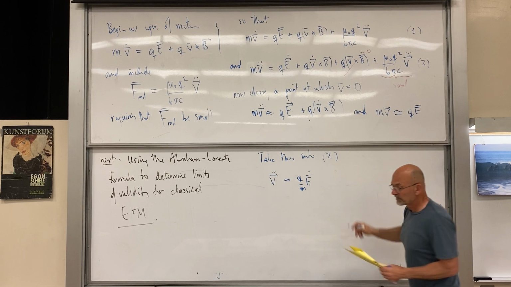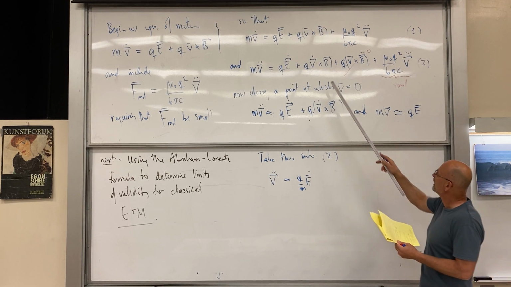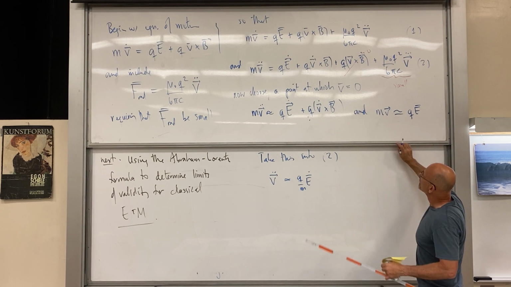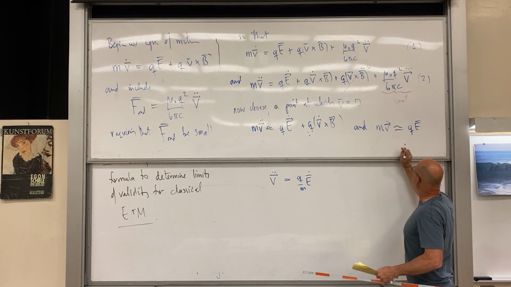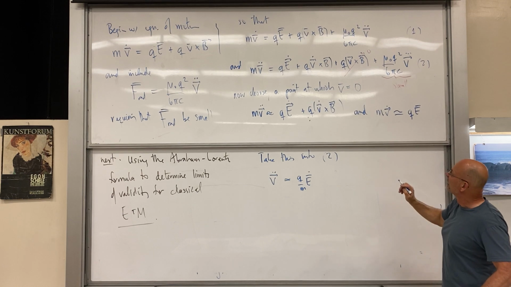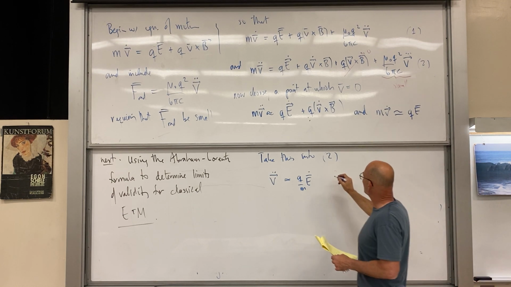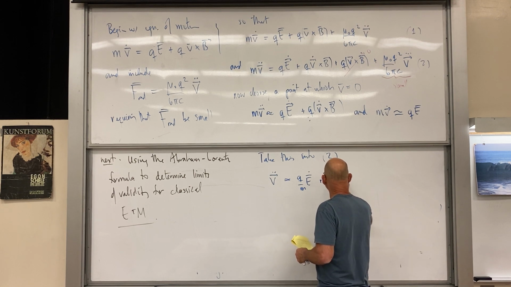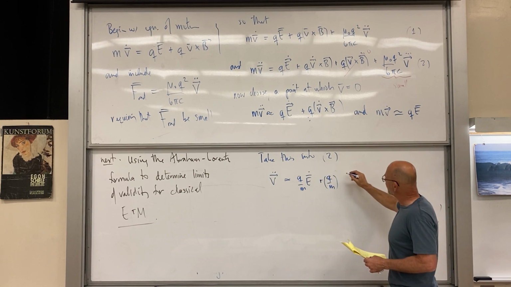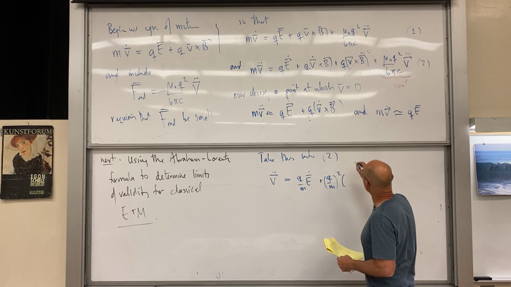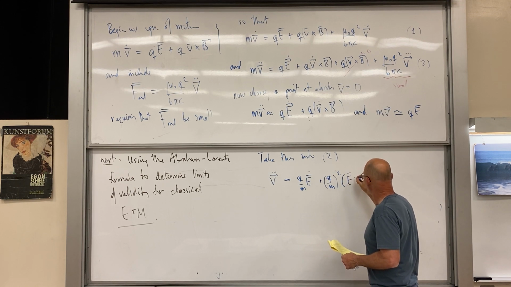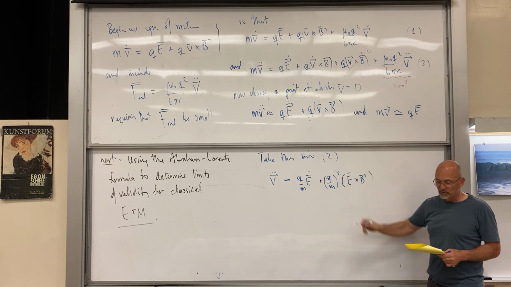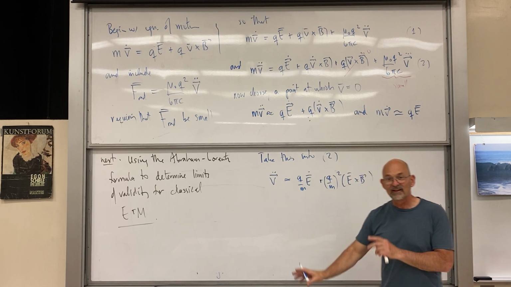But then we'll replace the v dot by q over m E, so we have plus q over m and another q over m, so we square it, and we have E cross B. So now we're really looking at magnitudes of what's going on here, not the exact solution.